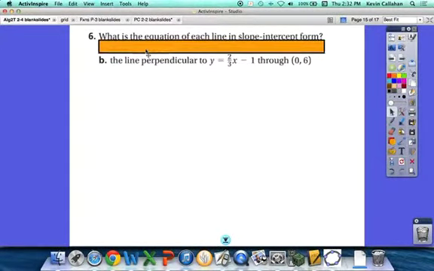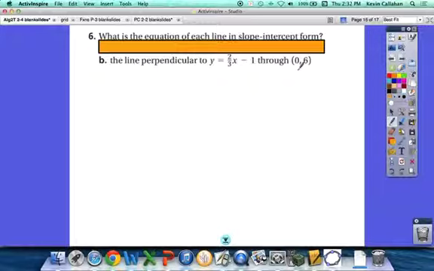Now we're going to do this one. Right? Find the equation, slope-intercept form of a line which is perpendicular to this line and going through this point. Okay, well, do we have to solve this line to know the slope? No, it's already in slope-intercept form.